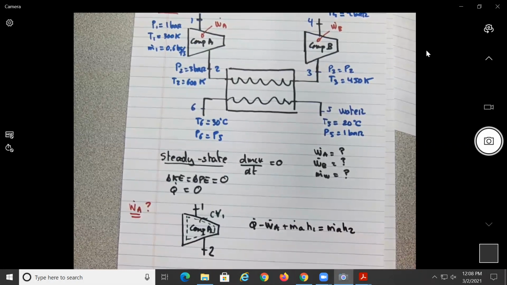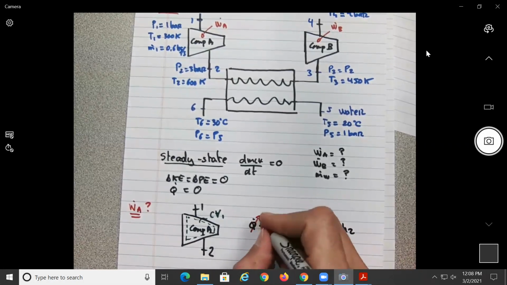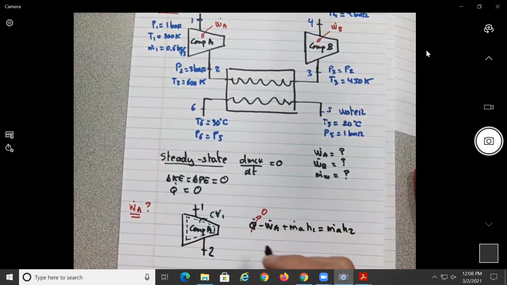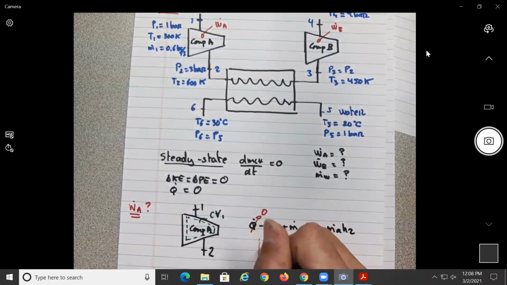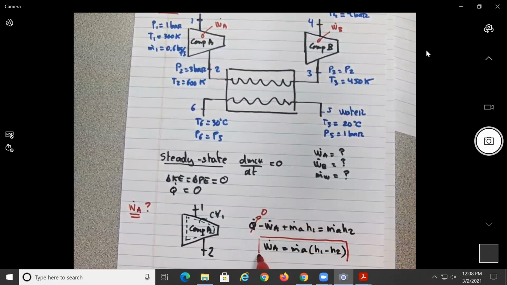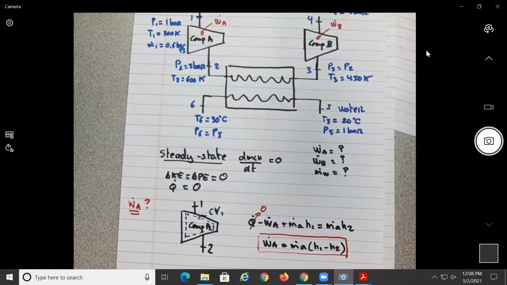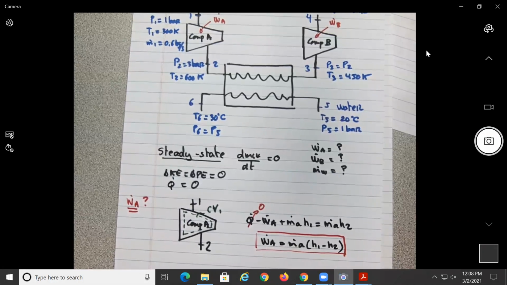They say to neglect all the heat transfers, so power of A will be equal to the mass flow of air, H1 minus H2. Leave some space because you will probably have to find H1 and H2 from the tables.